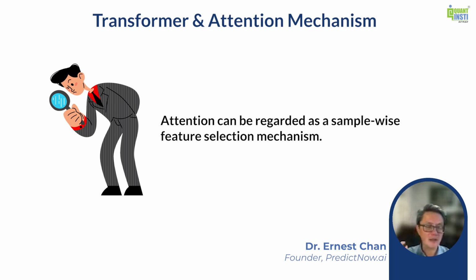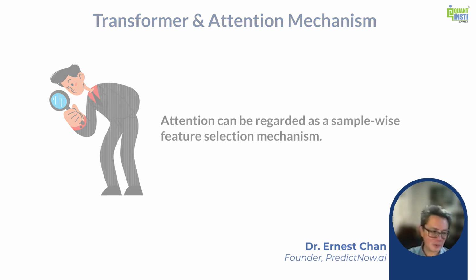That means that the feature selection depends on the sample. It's not just dependent on the variable itself. It depends on the actual value of that variable. And that is one crucial advantage of the attention mechanism versus the traditional feature selection. And it is the only mechanism that can work in the network-based models.